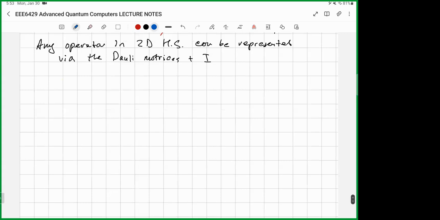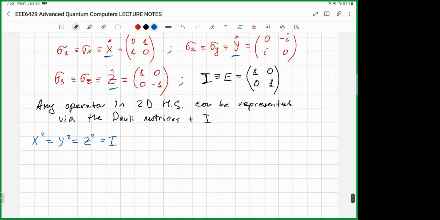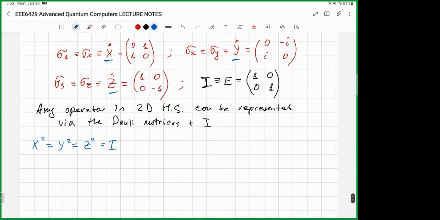Several properties of these matrices. First of all, X squared is equal to Y squared, equal to Z squared, and it's equal to the identity matrix. You can see this from the definition. For example, for X, you take the product of 0, 1, 1, 0 and another 0, 1, 1, 0.